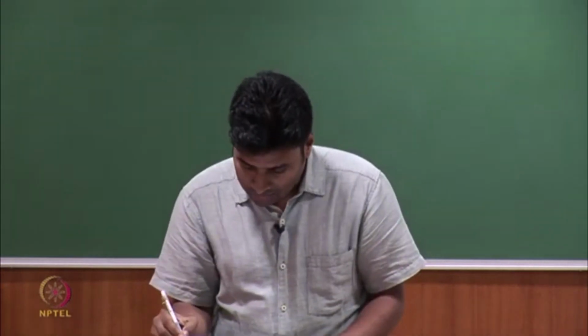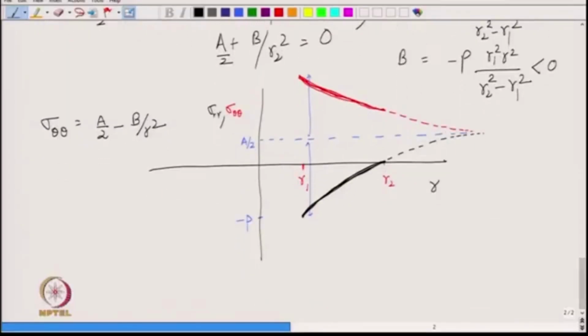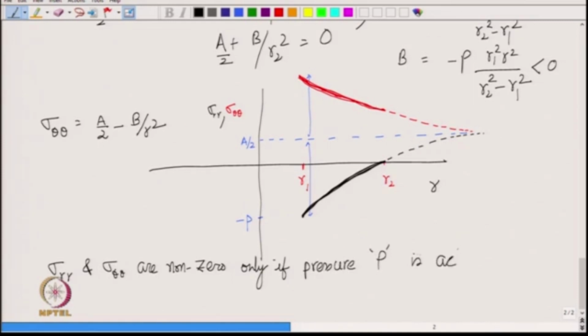So, we can make a comment here, or we can make a remark that sigma r r and sigma theta theta are non-zero only if pressure P is acting.